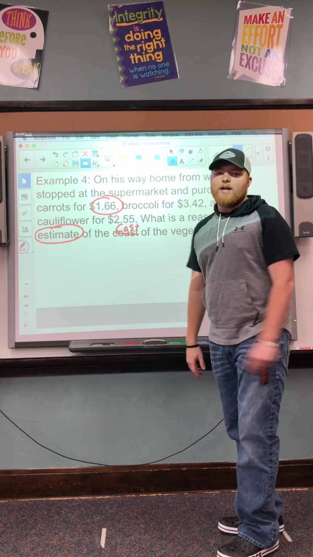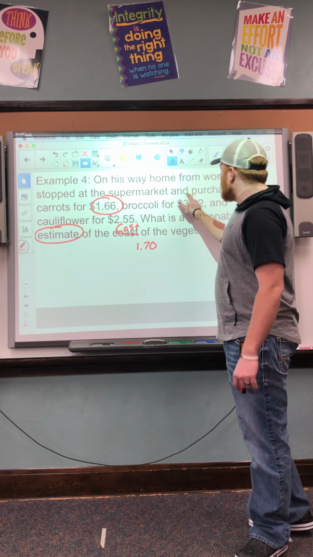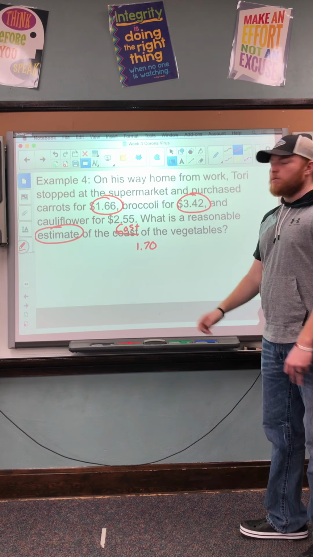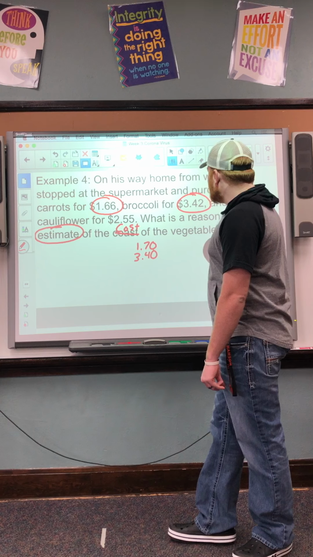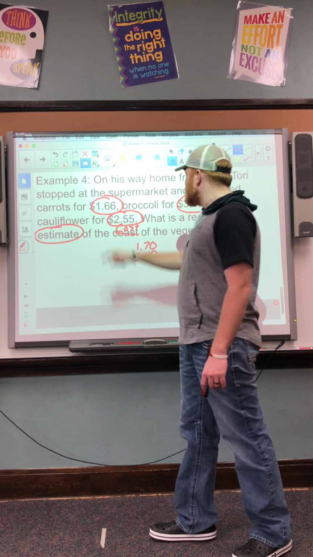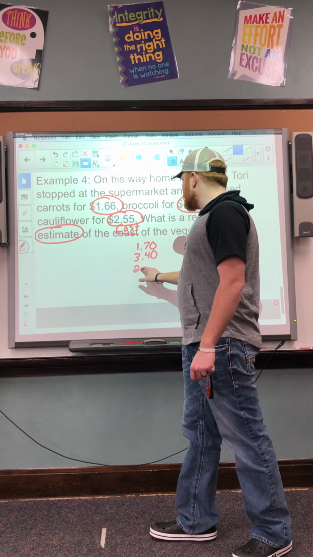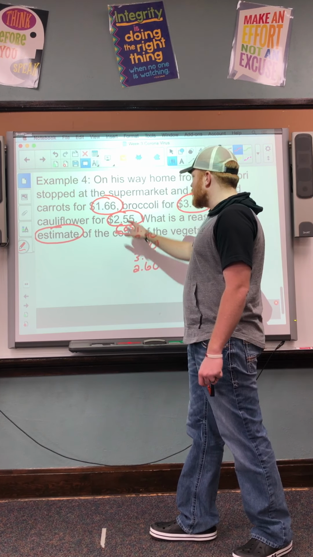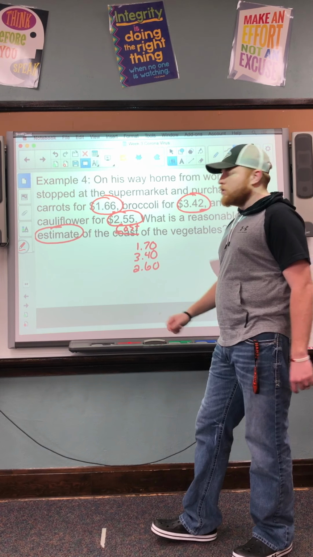So $1.66. What would we round that to? We would round it to $1.70. $3.42, we would round to $3.40. And then $2.55, we would round to $2.60, because look at the last digit again. If it's 5 or higher, you round up; 4 or lower, you round down.